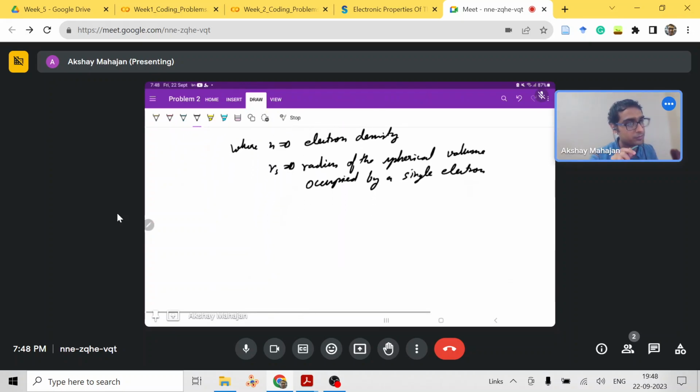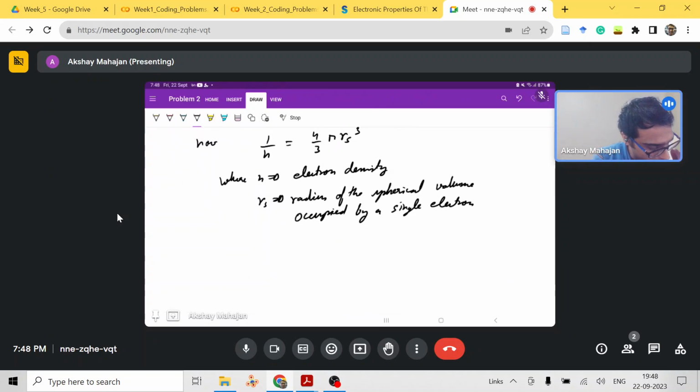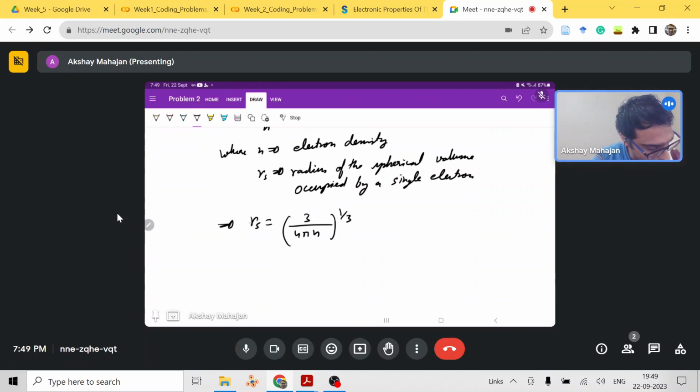Alright, so from this formula I can write rs as (3 upon 4 pi n) whole to the power 1 by 3. Therefore we can write rs as this.